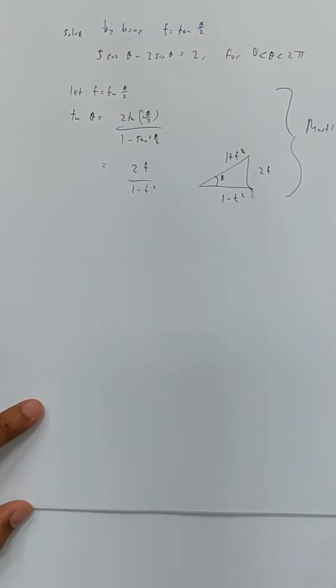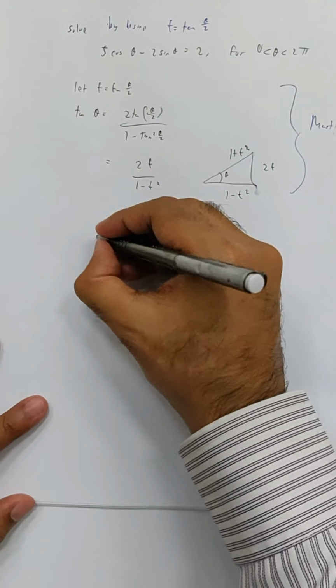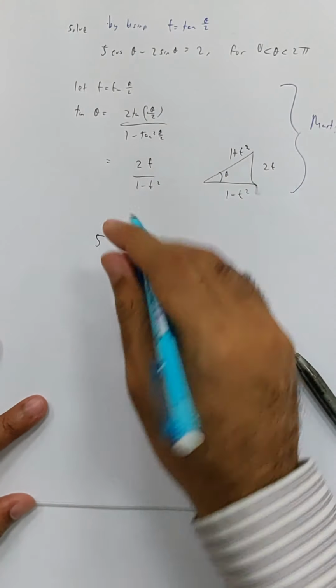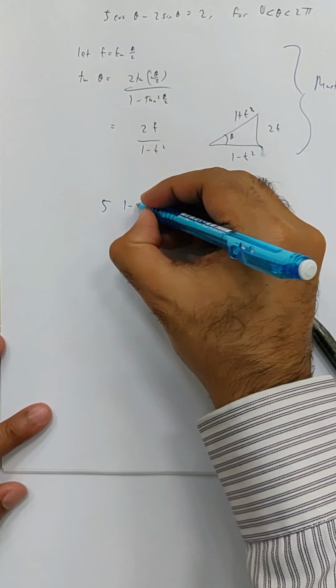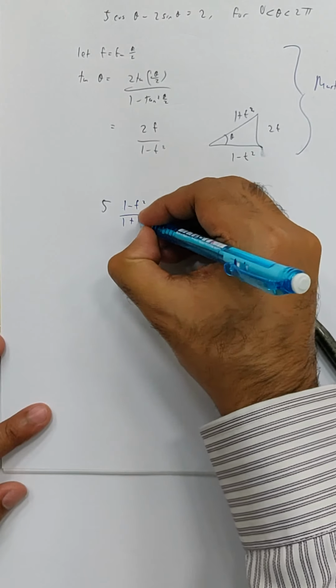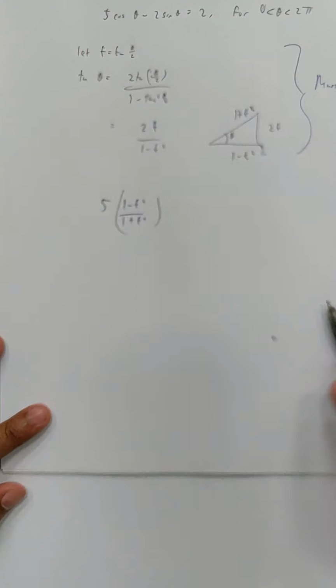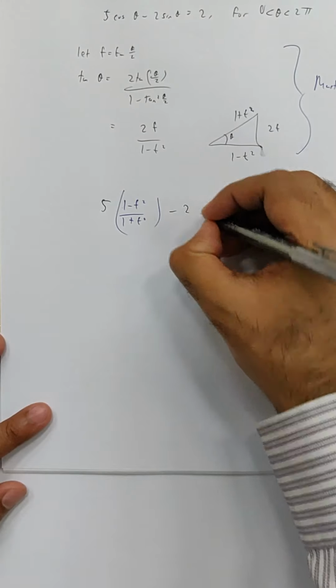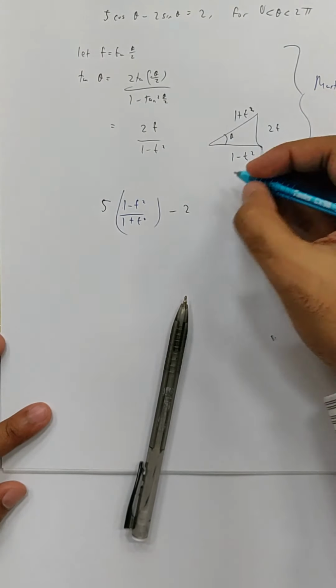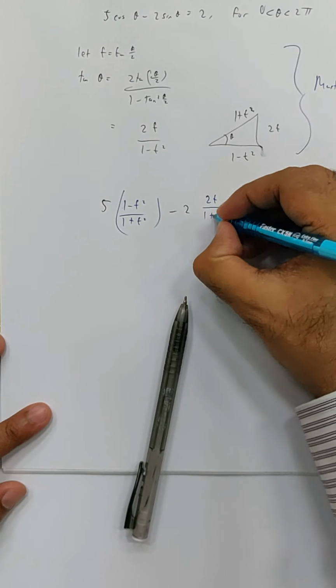So cos theta will be 1 minus t squared over 1 plus t squared. This is easy. Minus 2t over 1 plus t squared.